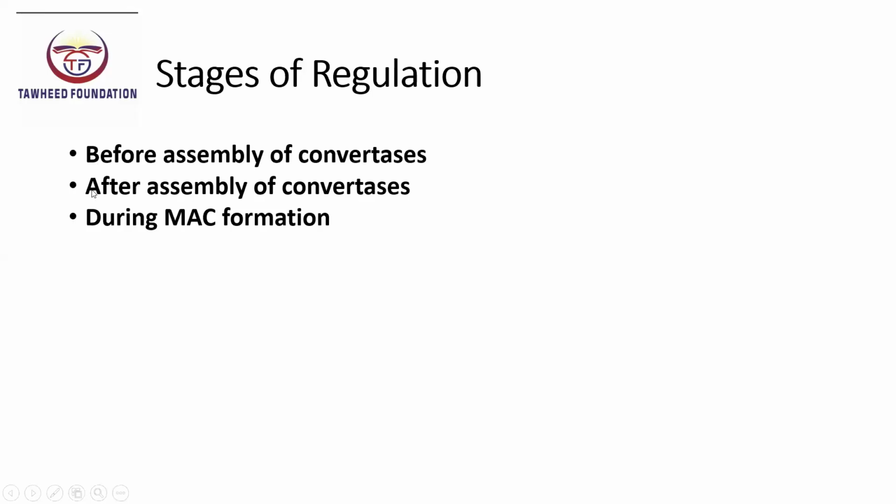Second, after convertase assembly, controlling amplification and progression. Third, during MAC formation, preventing attack on self-cell membranes. This multi-level regulation ensures the complement system remains efficient in killing pathogens while protecting host cells from accidental injury.